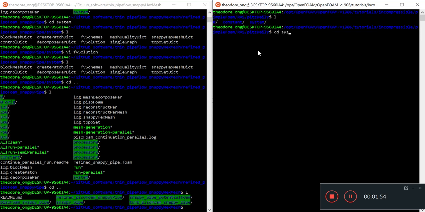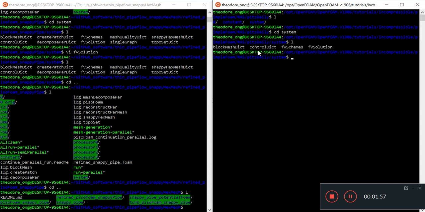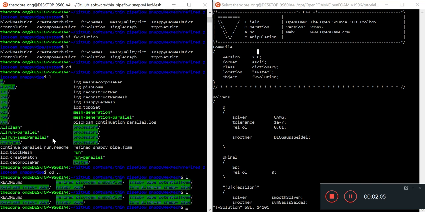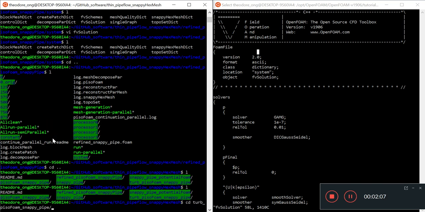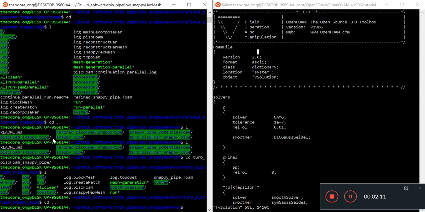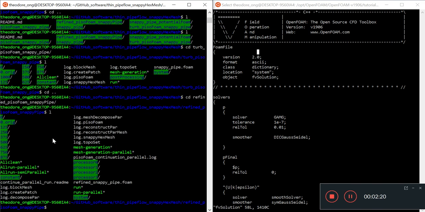So if you take a look at the system directory, go to fvSolution, we can see the differences as compared to, let's say, what we have in our turbulent pisoFoam snappy pipe or refined pisoFoam snappy pipe cases.